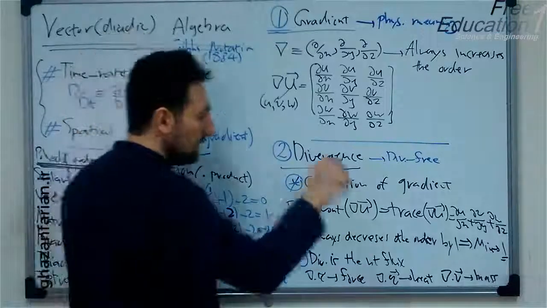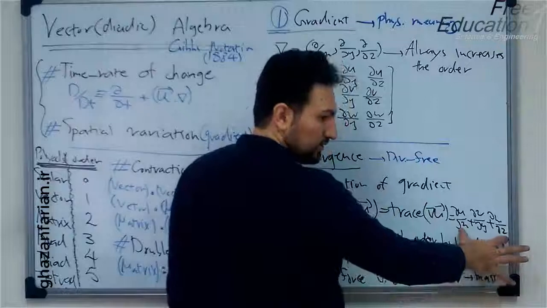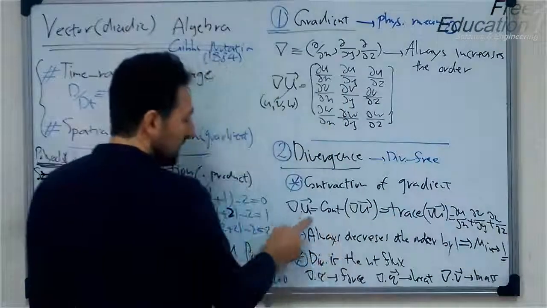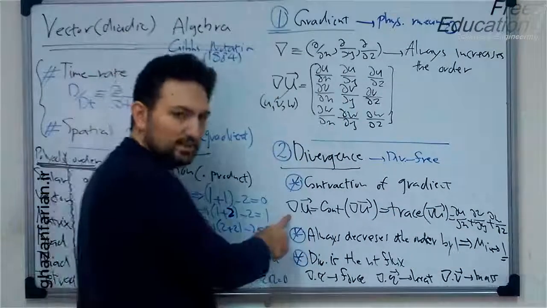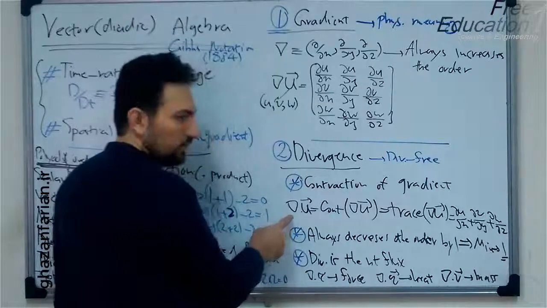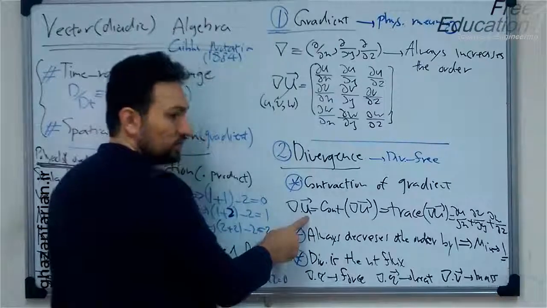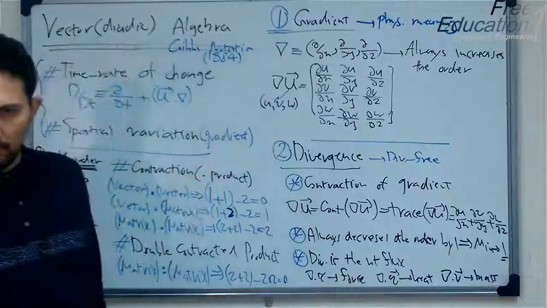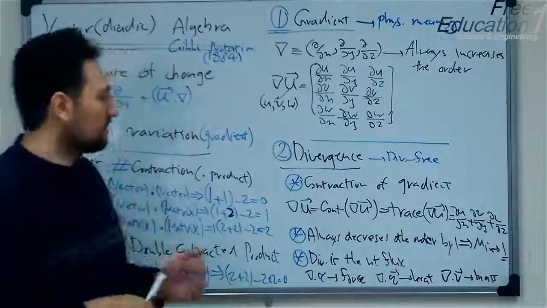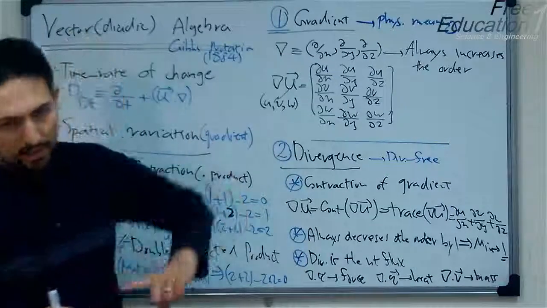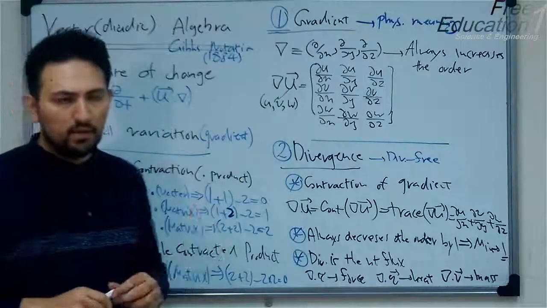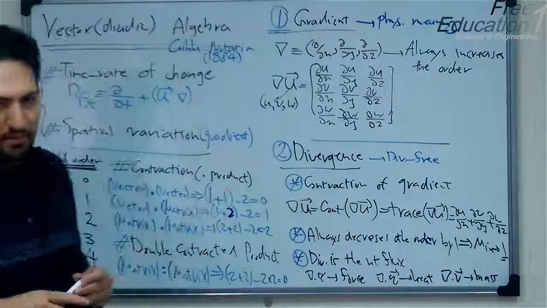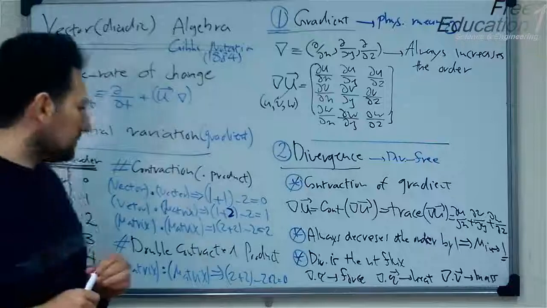So the minimum order of the result is 0. So the sum of orders of these quantities will be at least 2. So this is a vector, and this at least has to be a vector quantity. So we can compute the divergence of a vector or the divergence of a tensor or a matrix, but it's impossible to compute the divergence of a scalar.